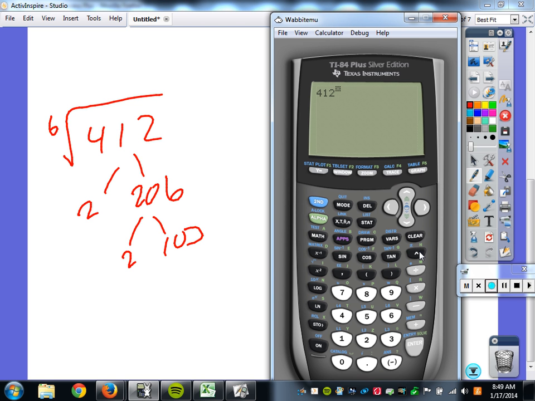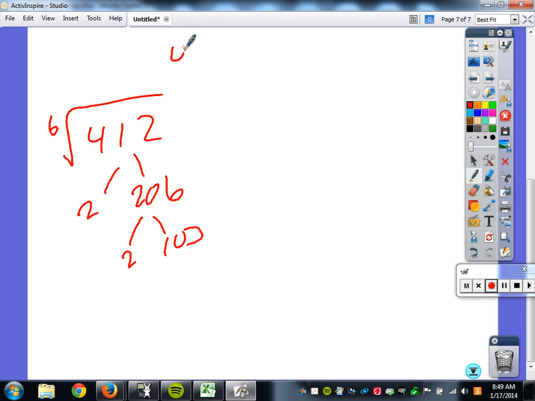Are this and this the same? No. I'm trying to find the 6th root of 412.